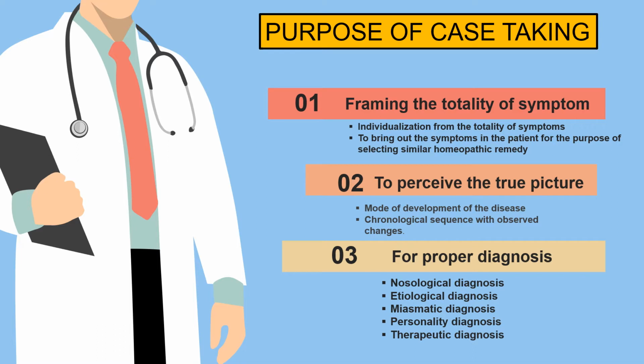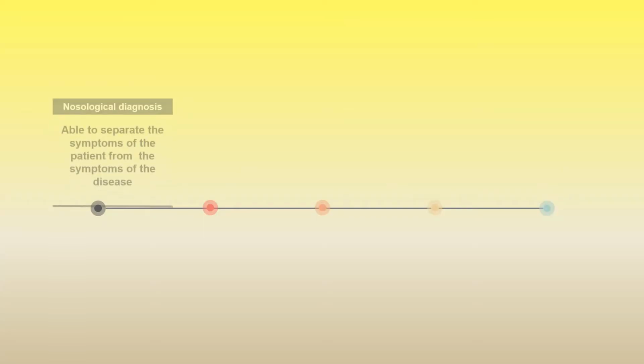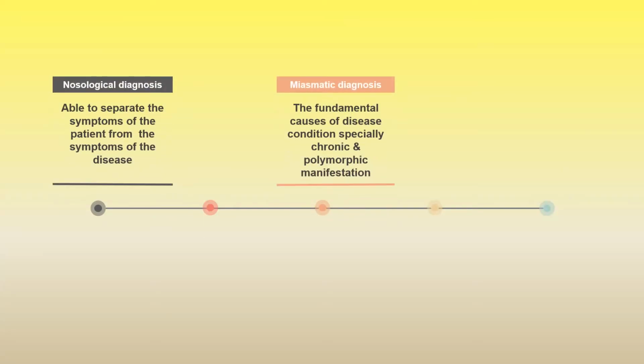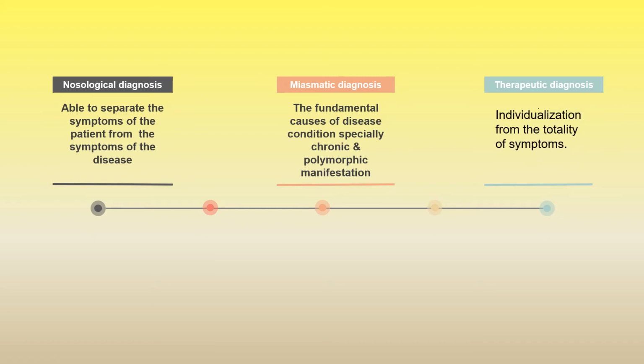It can be nosological diagnosis, etiological diagnosis, miasmatic diagnosis, personality diagnosis, or therapeutic diagnosis. Nosological diagnosis is able to separate the symptoms of the patient from the symptoms of the disease. Miasmatic diagnosis is the fundamental cause of the disease condition, especially chronic and polymorphic manifestation.